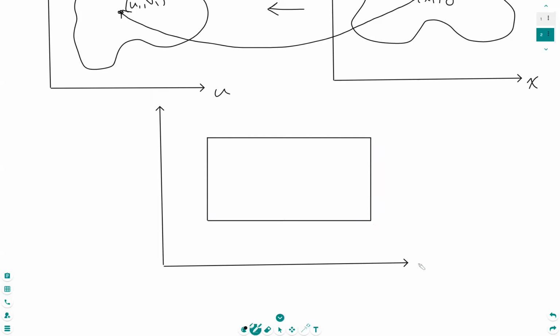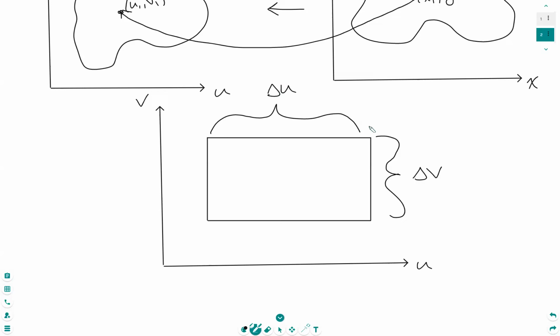If this is U and V, I have that this is the change in V, and I'm trying to take as small of a rectangle as possible. And here I have the change in U, right?